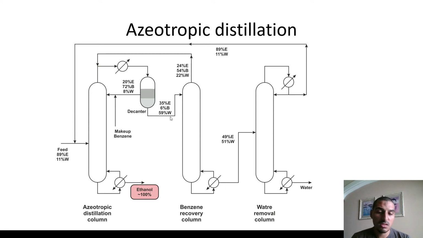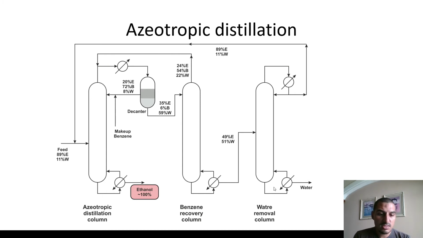The function of this column is to recover all the benzene that we lost in this phase, and to recycle it and feed it to the condenser in the distillation column. And this bottom product, of course, has some ethanol as well. The bottom product is a mixture of ethanol and water, almost equimolar.